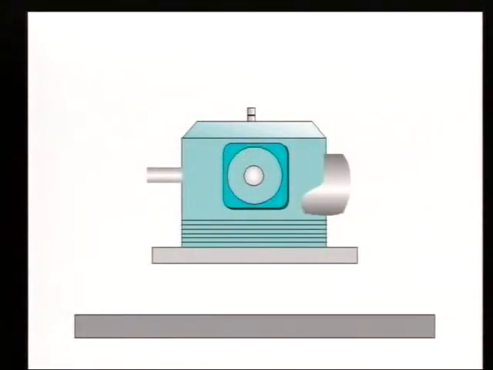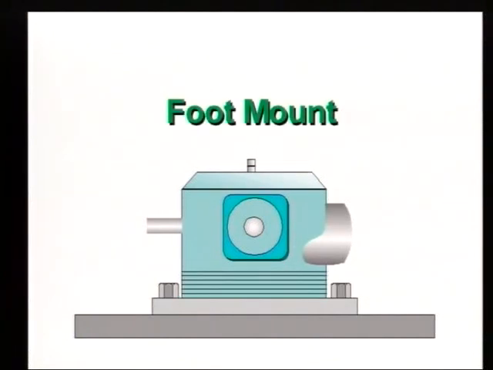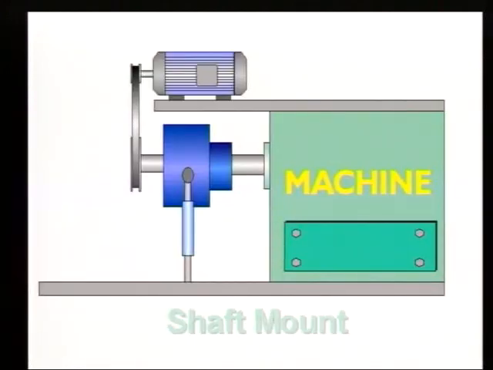The way in which a reducer is fixed or mounted into position is another descriptive term you should know about. The commonest mounting is a foot mount, whereby the unit is secured to a bed or base plate using bolts or set screws through pedestal brackets, generally called feet. The next example we see is called a shaft mount, which means that the reducer is supported by the input shaft of the driven machine.